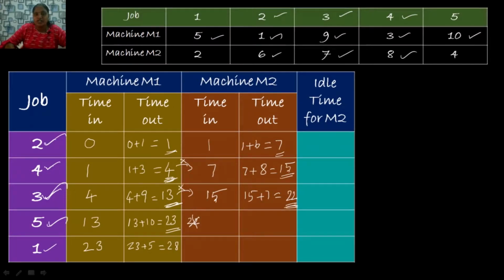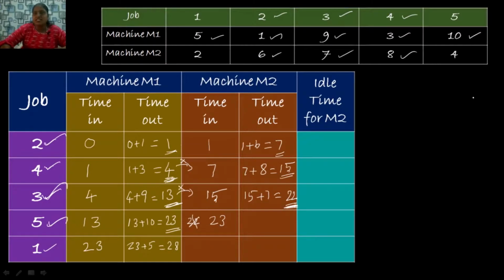So even though it has completed its processing at 22 hours, it doesn't have any job to process. So it has to wait 1 more hour to get a job. So at 23 hours only, it has a job. That is, job 5 enters into machine M2.